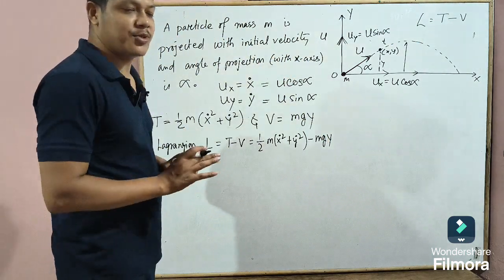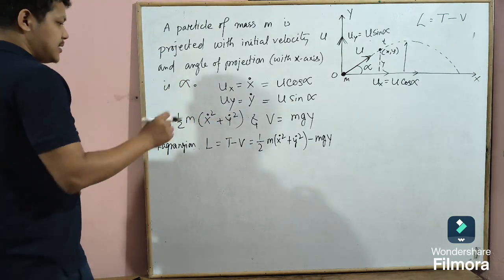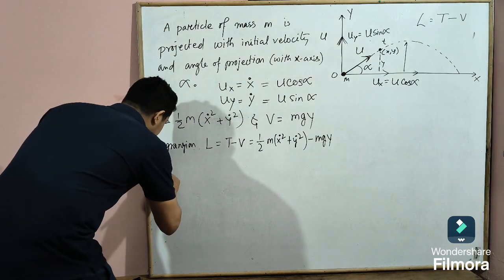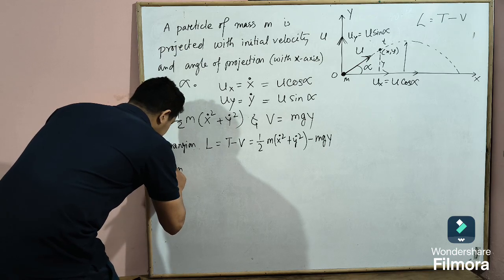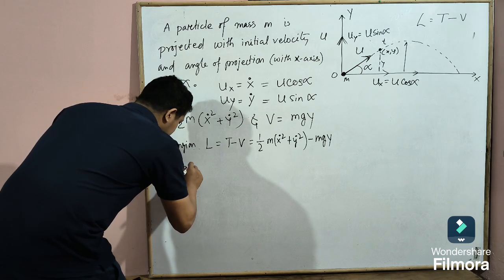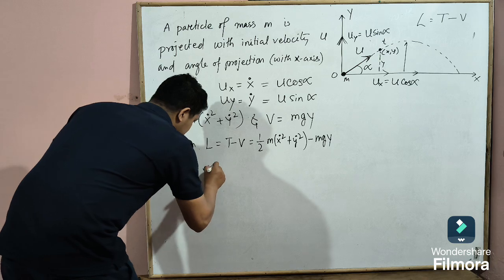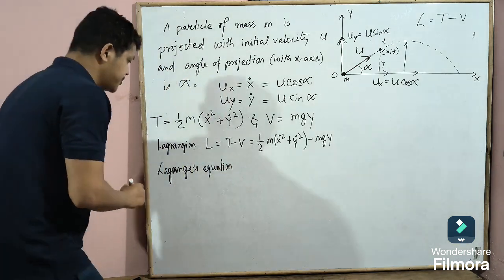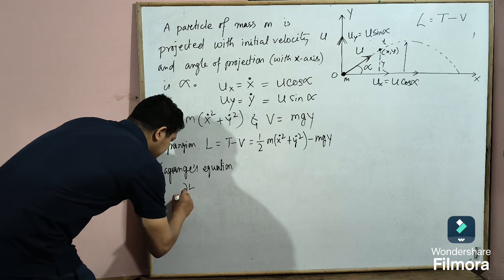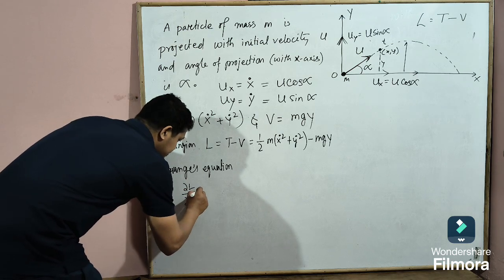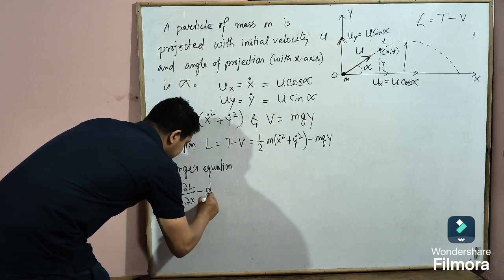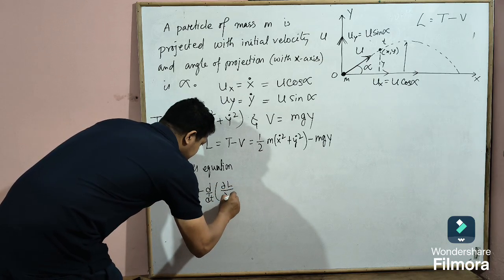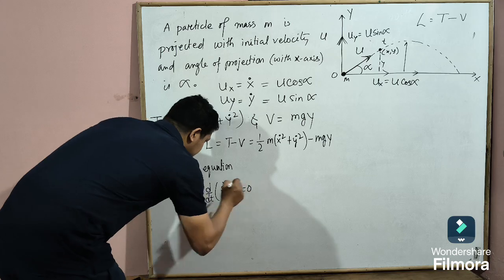Now you see, we know the Lagrange equations. For the x component, we write del L by del x minus the time derivative of del L by del x dot, equal to 0.